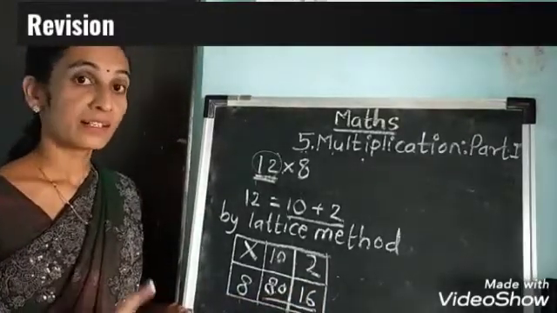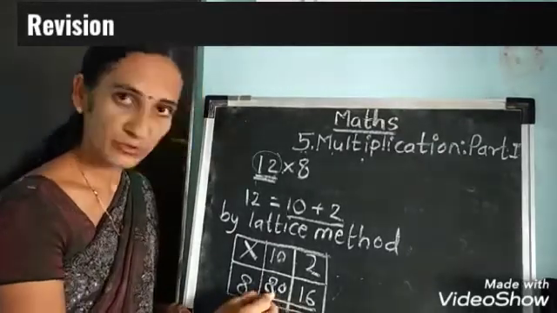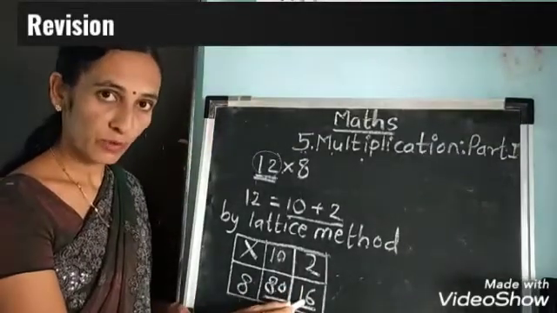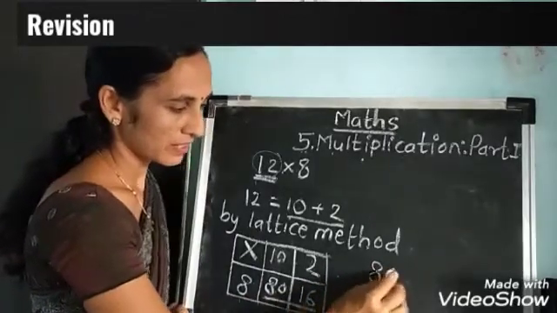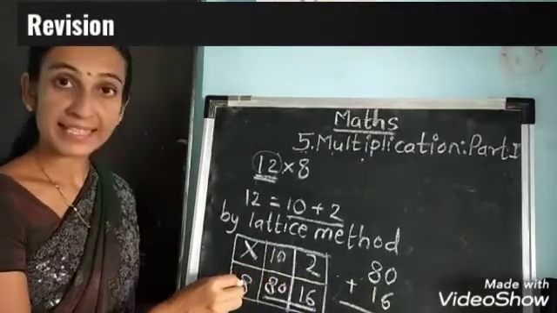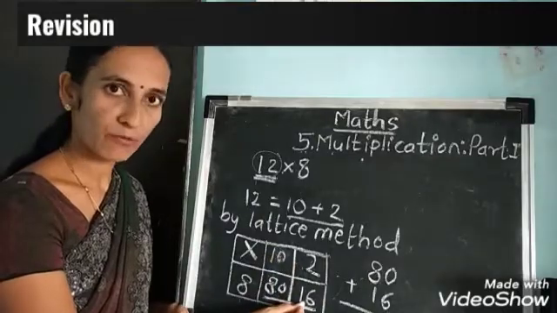What to do? Multiplication means repeated addition, so we have to add these two. That's why I have underlined this. We found the answers of these two boxes which we have to add: 80 plus 16. Don't add all boxes, only those which we have found.